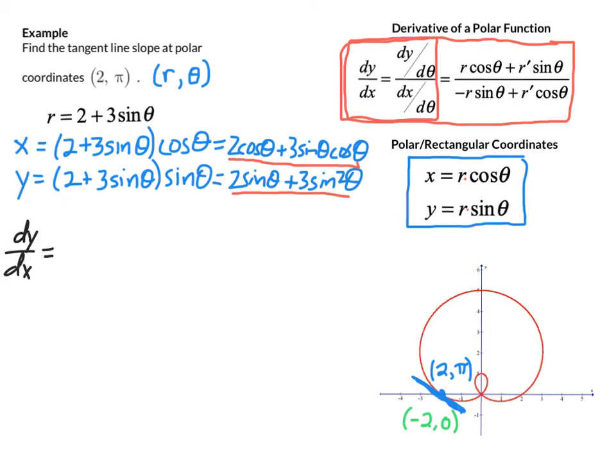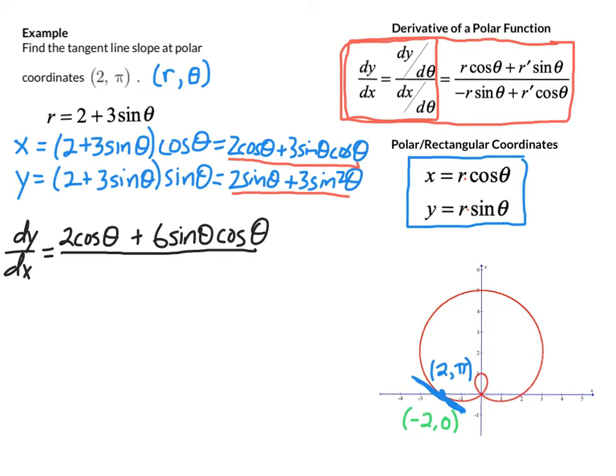And so if we look at y, dy d theta here, y is 2 sine theta, 3 sine squared. So dy d theta is 2 cosine theta, and I have a little chain rule there, so plus 6 sine theta times the cosine of theta. So that's dy d theta, without memorizing any formulas.